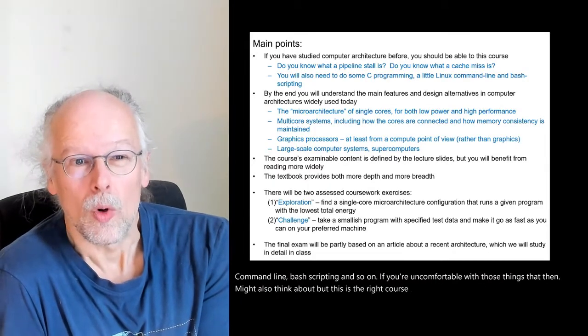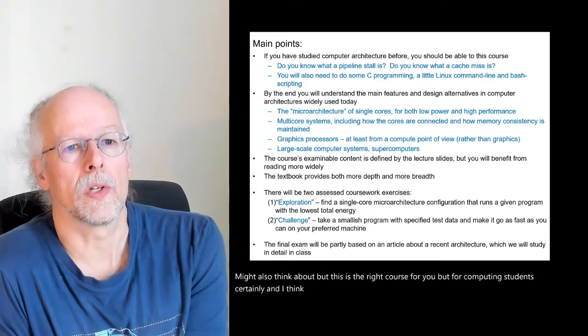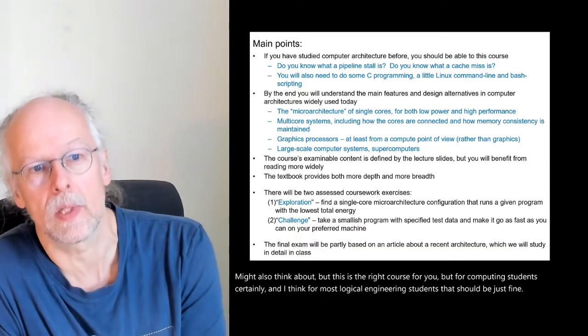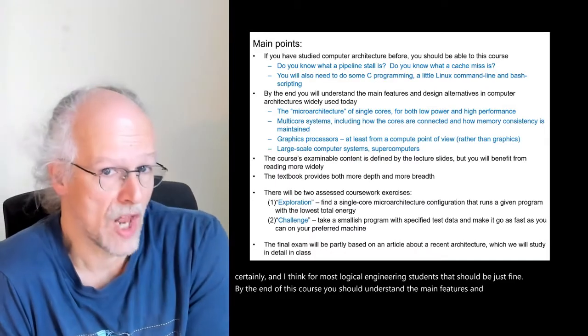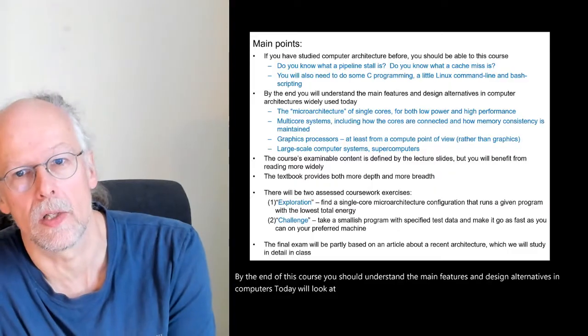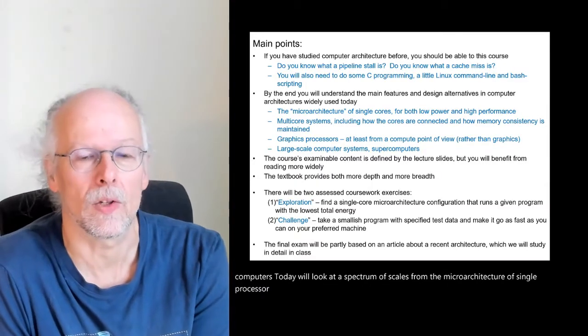By the end of this course, you should understand the main features and design alternatives in computers used today. We'll look at a spectrum of scales from the microarchitecture of single processor cores for low power, so simplified, highly efficient architectures, all the way up to the highest possible performance in a single core.